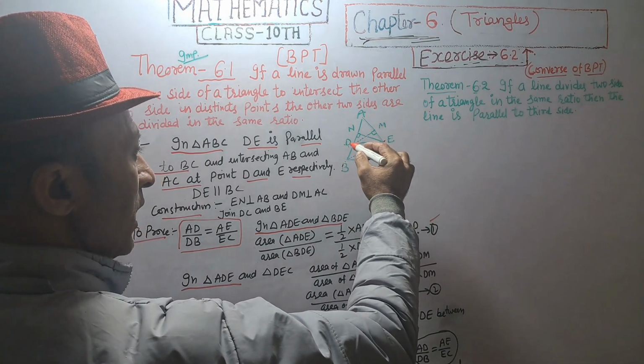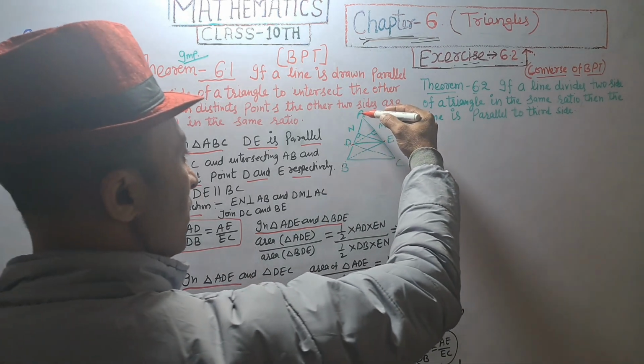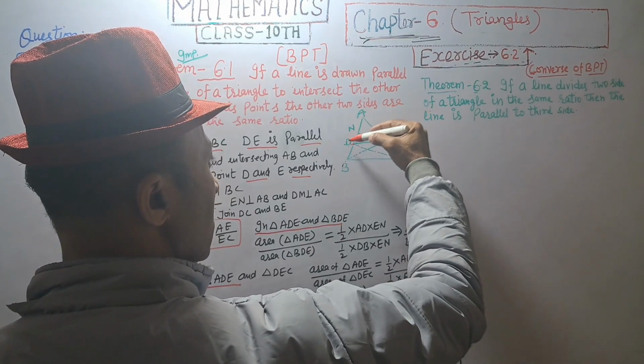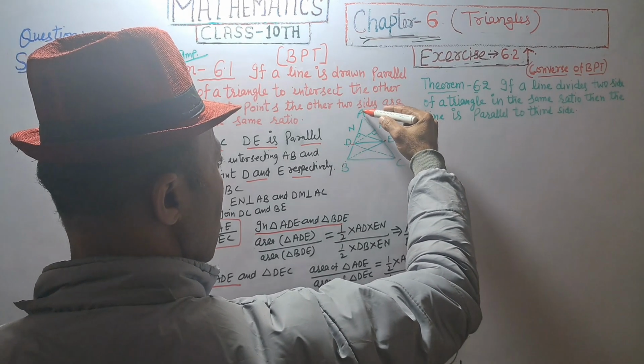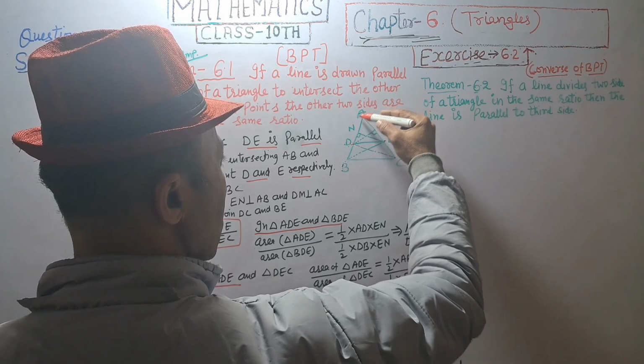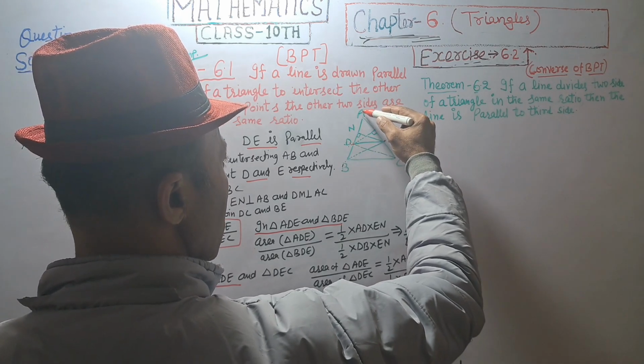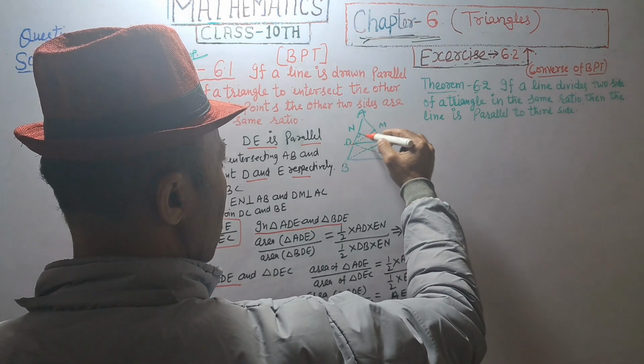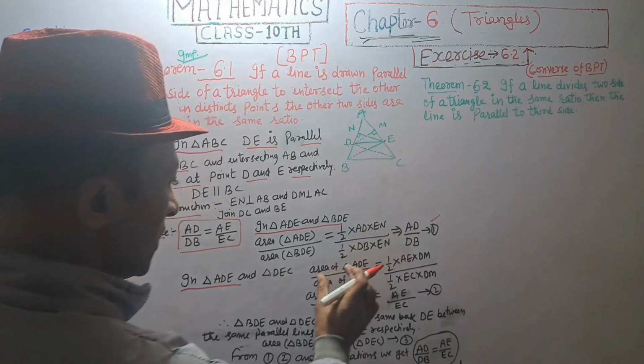And another, triangle ADE and triangle DEC. In triangle ADE, AE is base and perpendicular is DM.